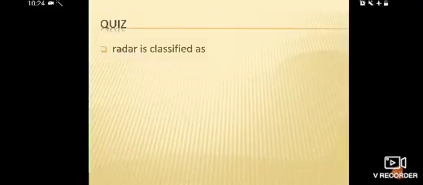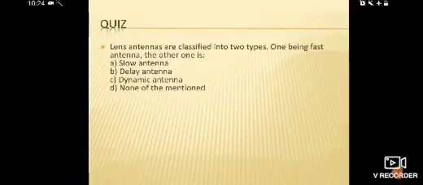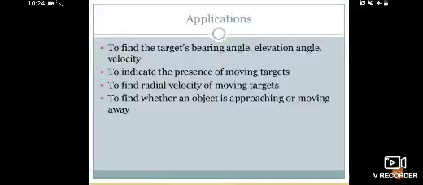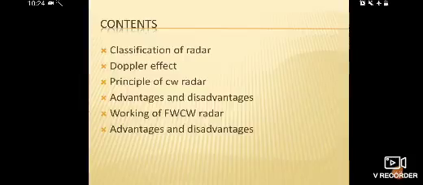In this session I have told about the classification of radar.